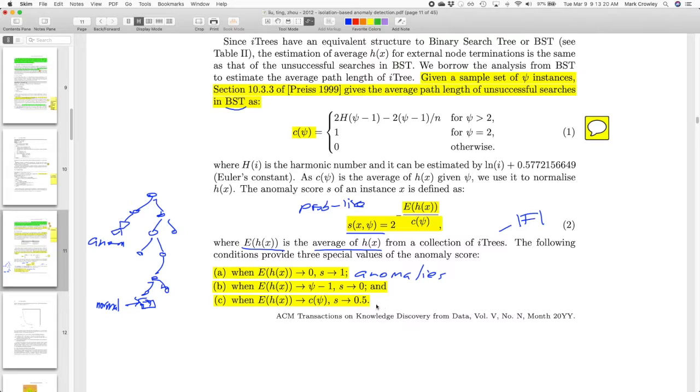So they have this threshold based on the theory that if it's greater than 0.5, it's kind of an anomaly, and if it's less than 0.5, it's kind of normal, because it's deep enough in the tree that it gets lost in this average, and the probability gets lowered.